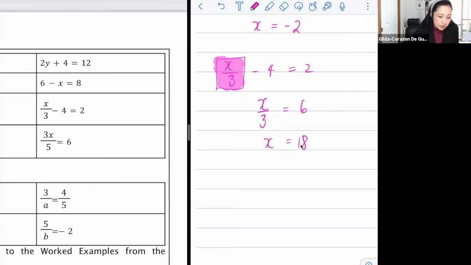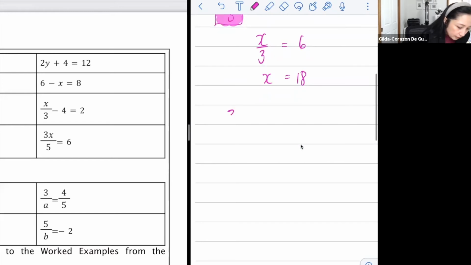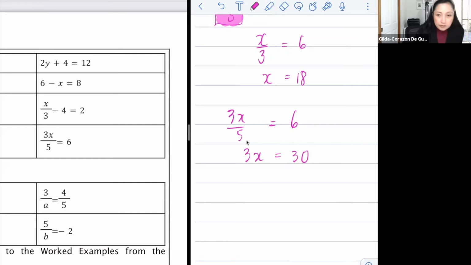Okay, now let's use that strategy with this one here. So now we want to get rid of the 5. That means 3x we divide by 5. What's the reverse of dividing? It's multiplying. So we can say it's 3x equals 30, right?